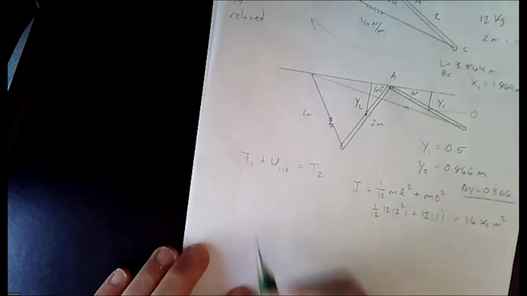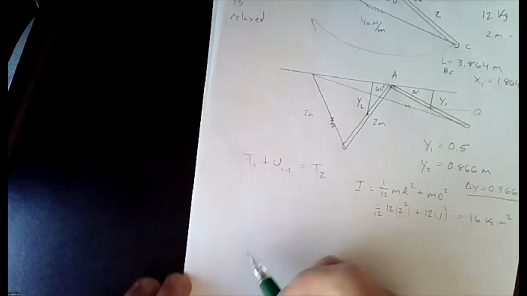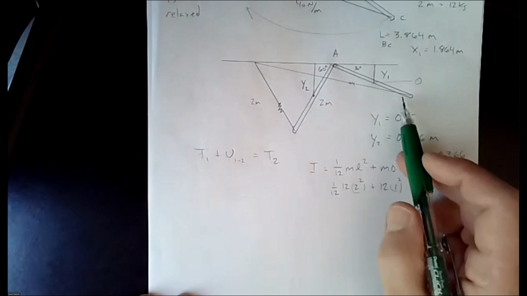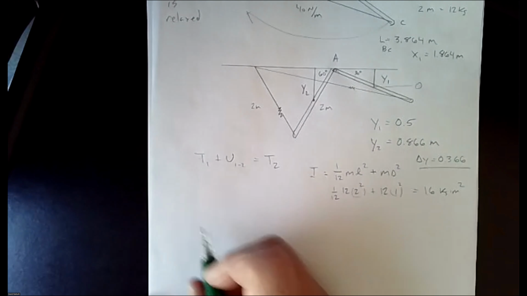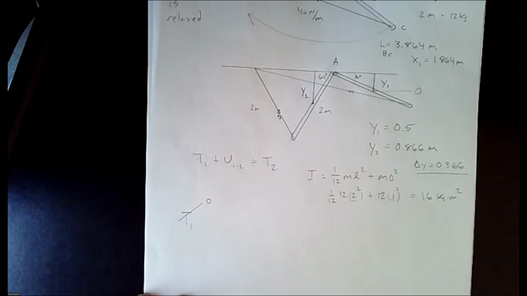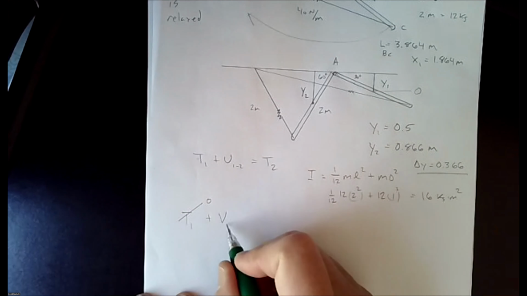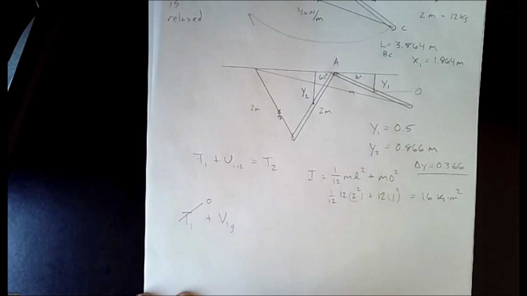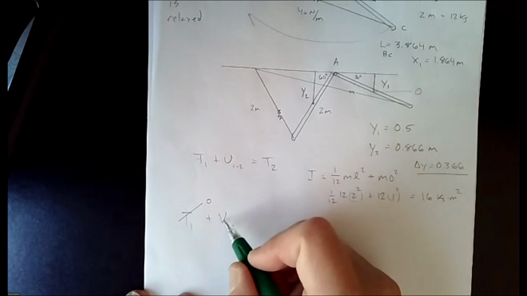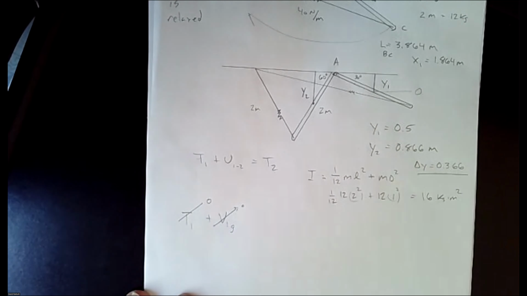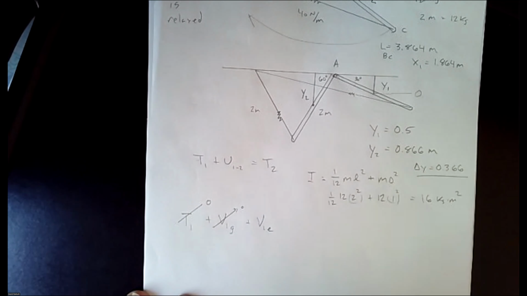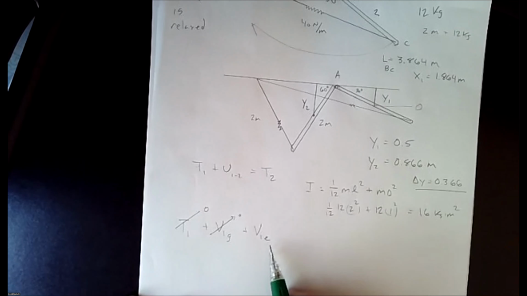We have T1. We have no initial velocity, no initial omega, so T1 is 0. Then we have plus V1 gravity. But we're making this initial point our 0, so that's 0 also. And then we have our plus V1 elastic, right? And that's for our spring.